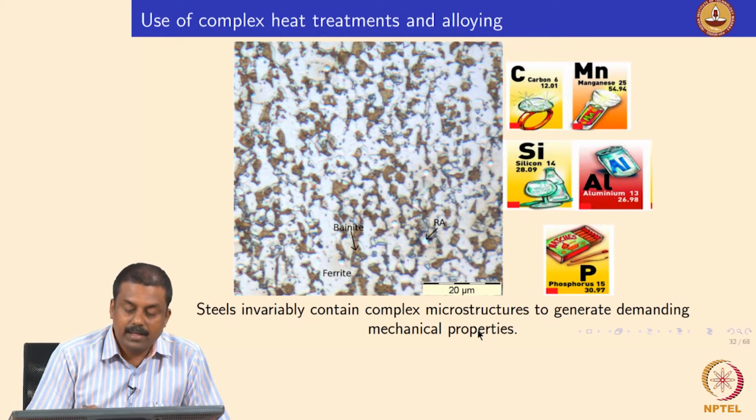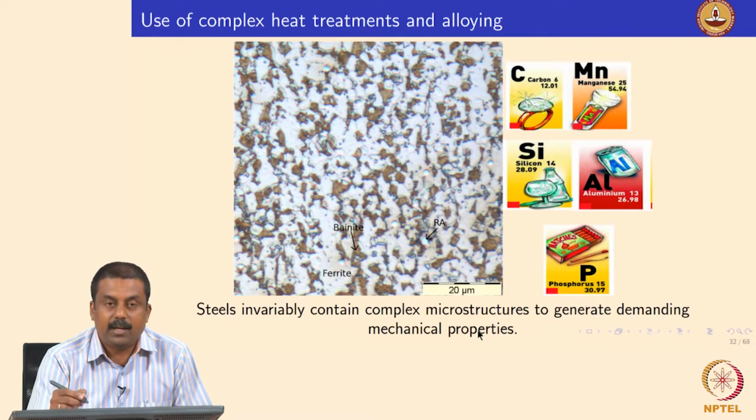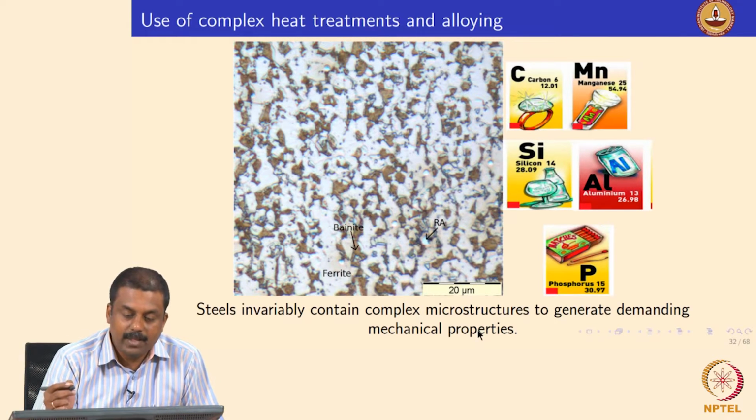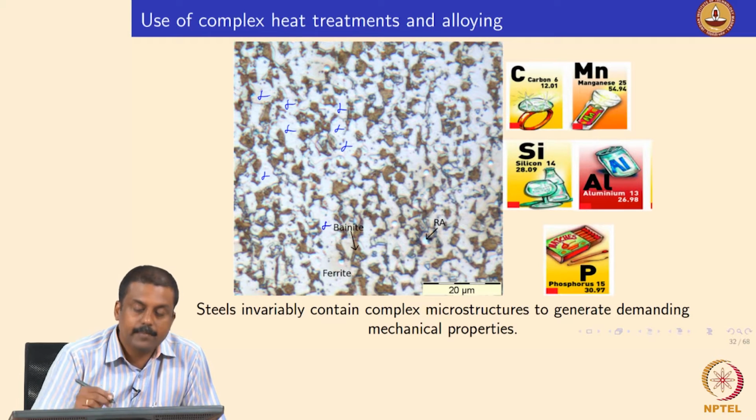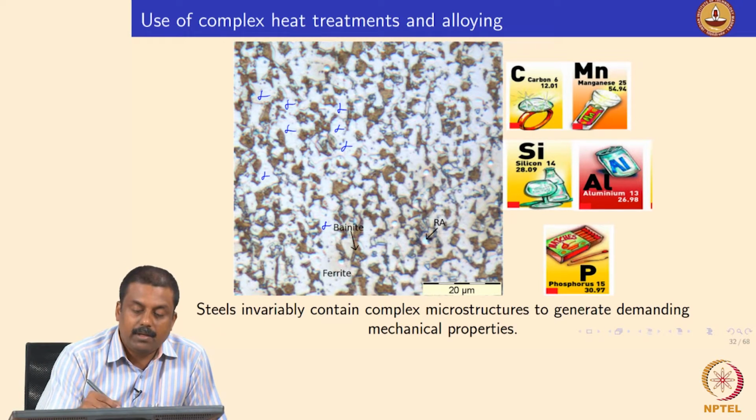As I already explained, the typical TRIP steel microstructure is shown in this figure. We have ferrite, which is stabilized during the intercritical annealing, and you also have the austenite that is formed during this intercritical annealing treatment.